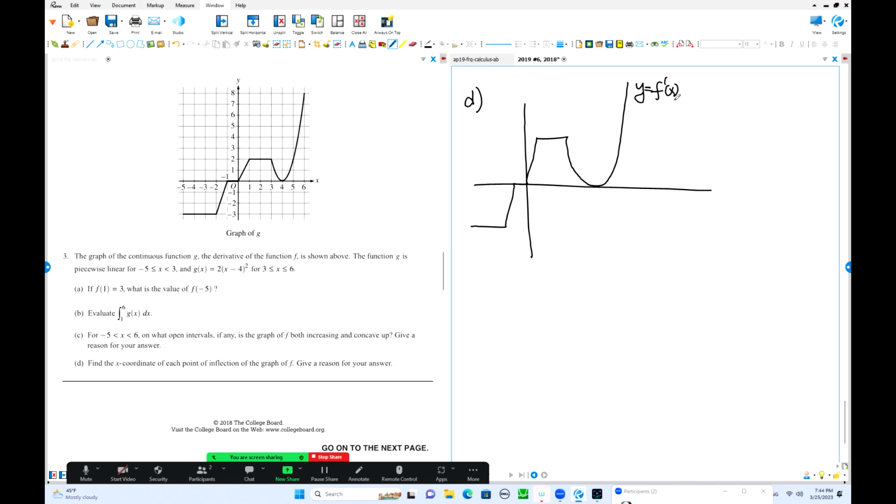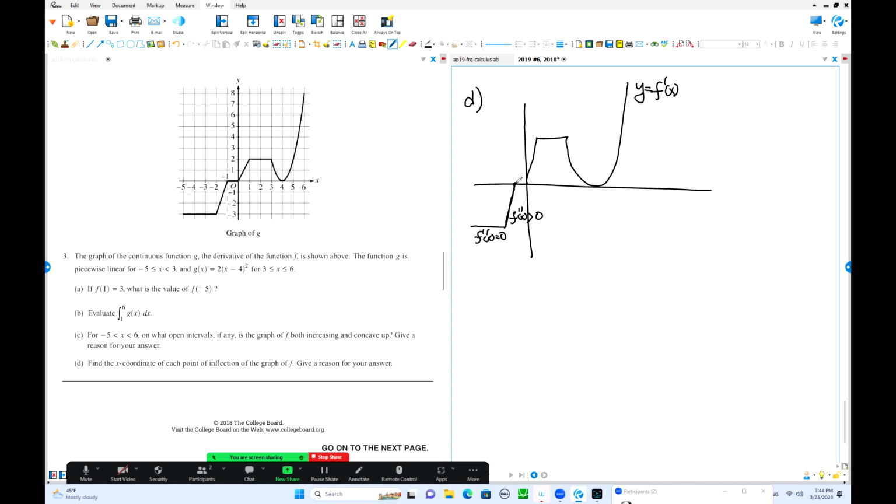So we are going to check the concavity, concave up and down. At that point there is a point of intersection. The slope of this one is f prime x equals 0, nothing. The slope over here is positive, that is concave up.